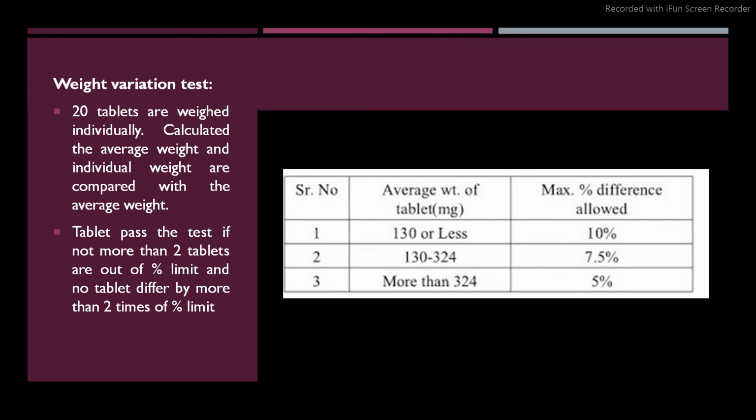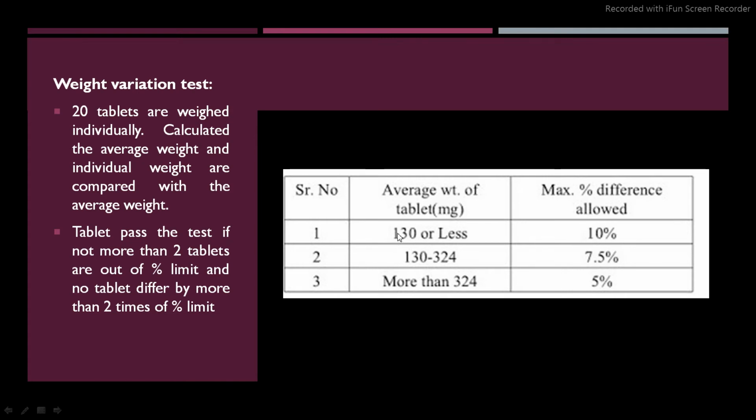The tablets pass the test if not more than 2 tablets are outside of the limit. And what is the limit? The limit is given in this observation table. If the average weight of 20 tablets is 130 or less, then the maximum difference allowed is 10%. So the weight variation should not be more than 10%.